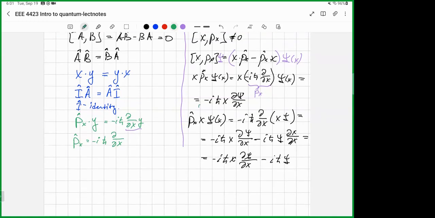And obviously the first part is equal to the first term, and the difference is in this last term.